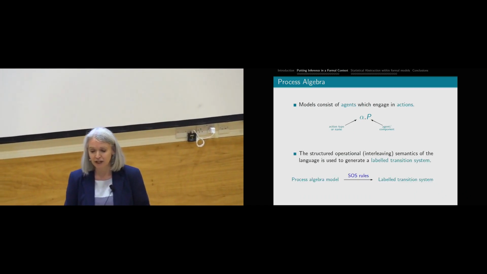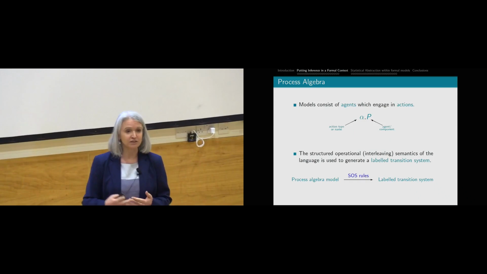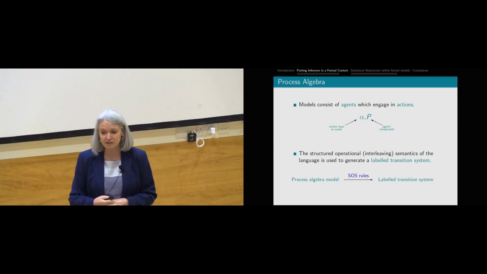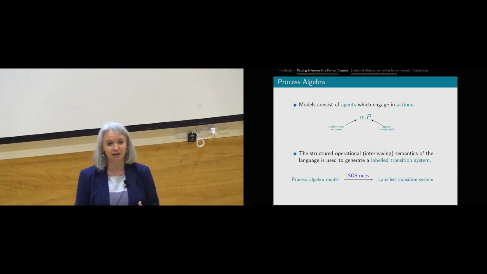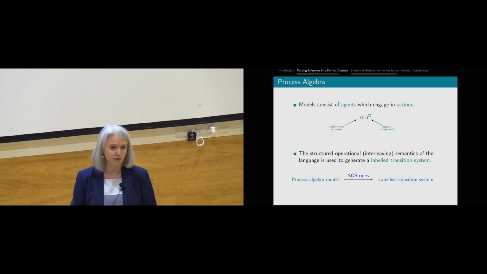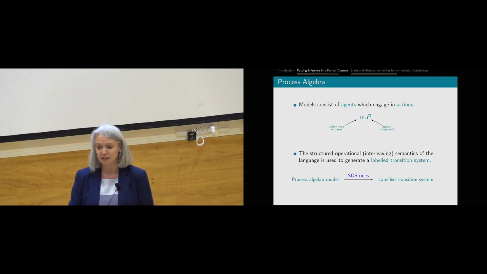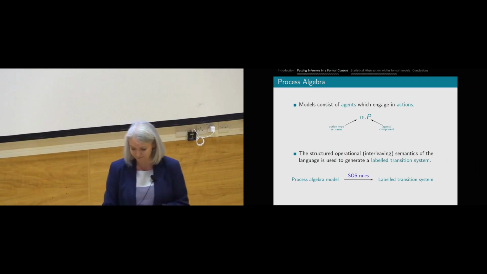And what we have for that is a structured operational semantics, and I'm not going to go into details of the semantics today, but essentially we have a set of rules that tell us how to interpret such language descriptions and turn it into a state description. So we give it a labeled transition system, we say what states we have, what transitions, what actions move us between those states, and that gives us our discrete state representation of the behavior.